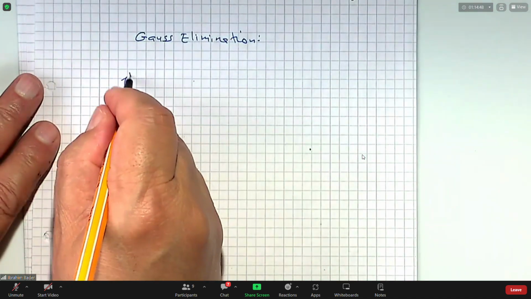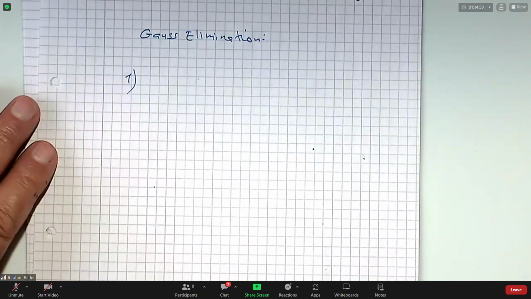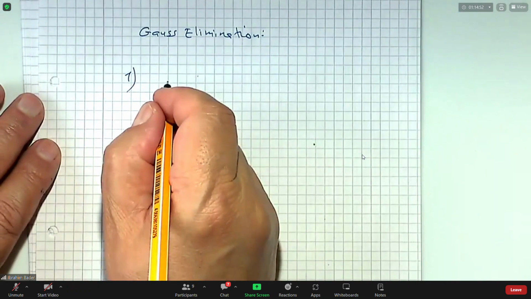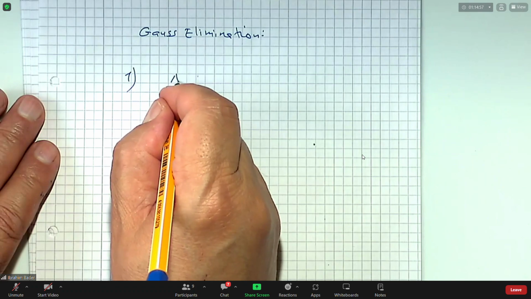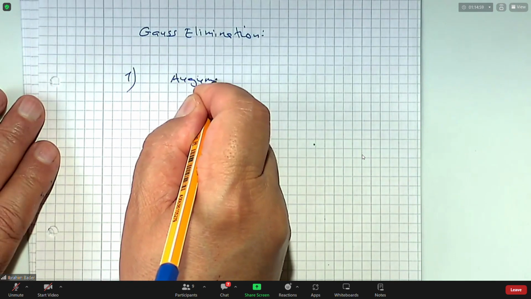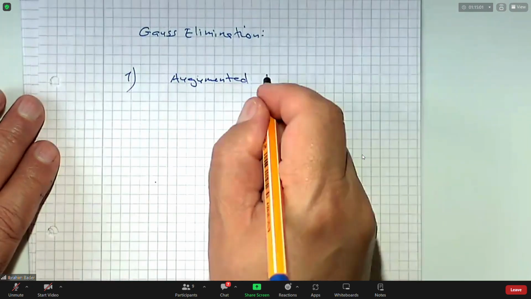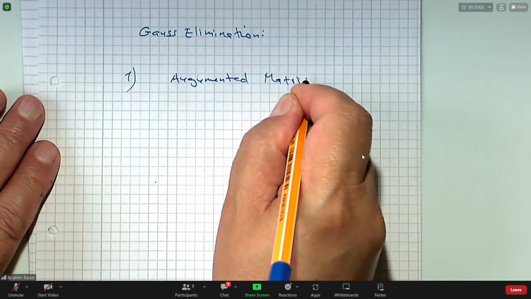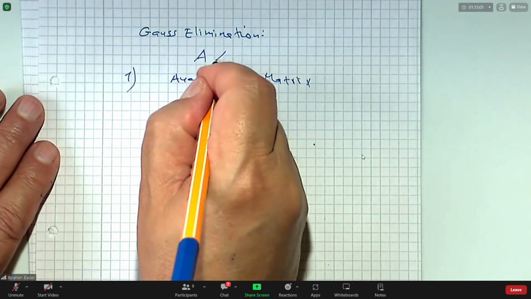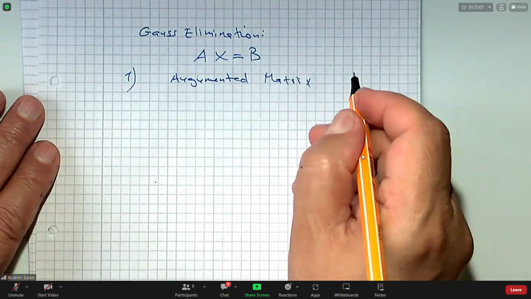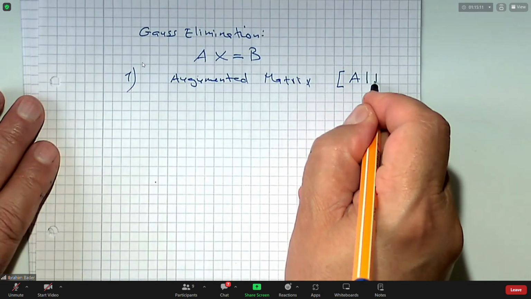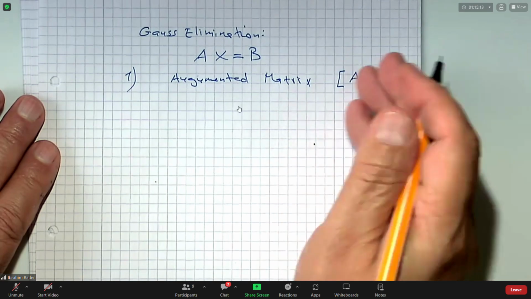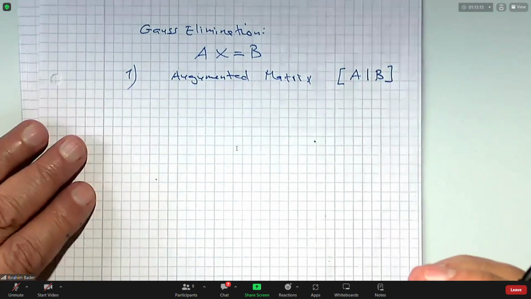First step, you write the corresponding augmented matrix. Maybe here you write the system as AX equals B in matrix form, and then you construct the matrix A with the right-hand side, the constants.